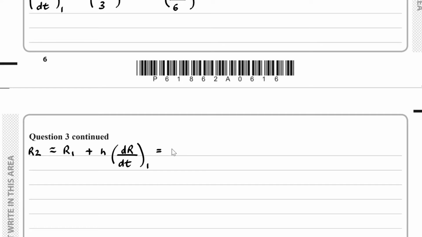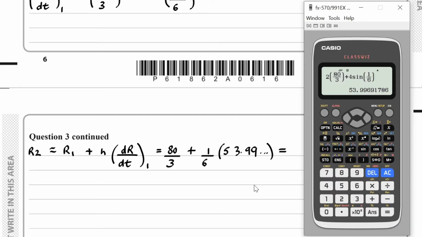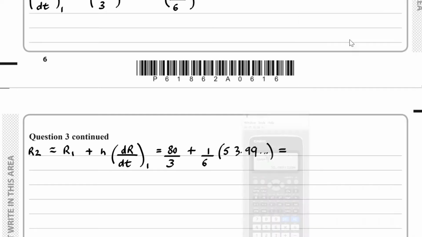So we have R1, 80 over 3, plus h, which is 1/6, lots of dr over dt 1. So we have 53.99, etc. And if we divide this by 6 and then add on 80 over 3, it turns out we get 35.66.